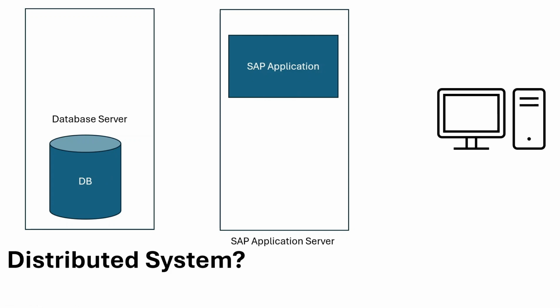When you install using SWPM, for this scenario you will choose the standalone scenario. Why? Because when we talk about distributed, we talk about SAP application distributed system. It's talking about the SAP application, not the database. So this scenario, SAP application in one server and database in another server, is still a standalone system.